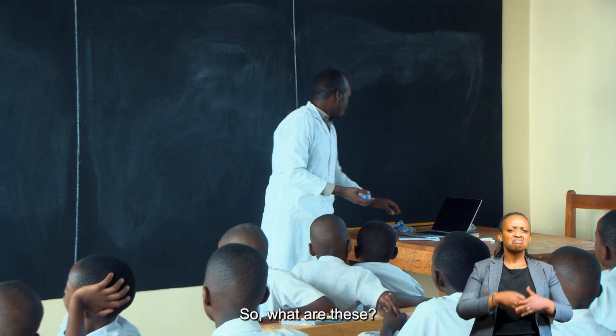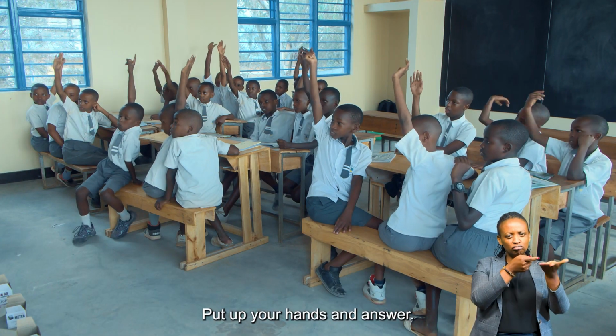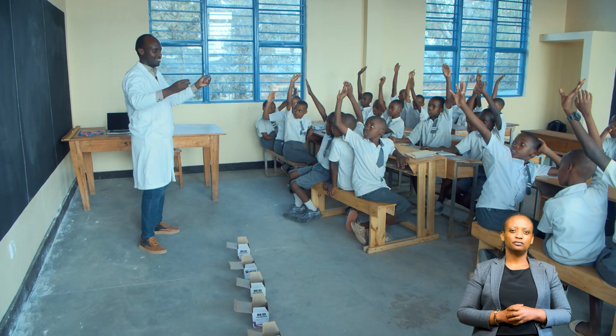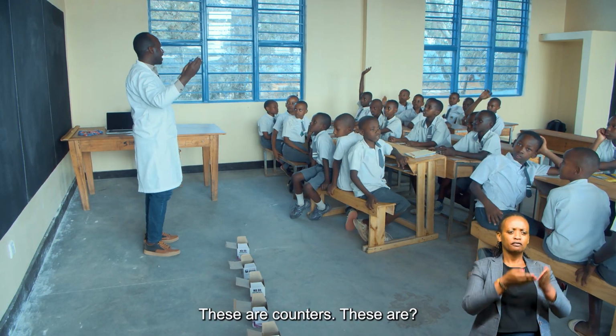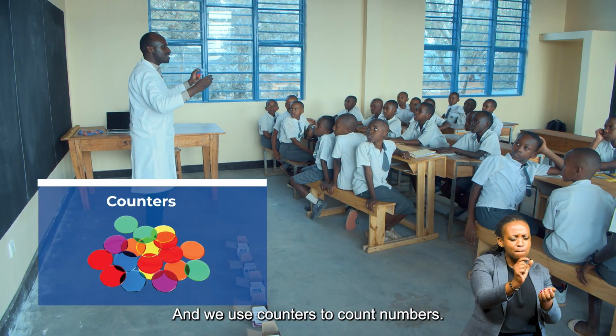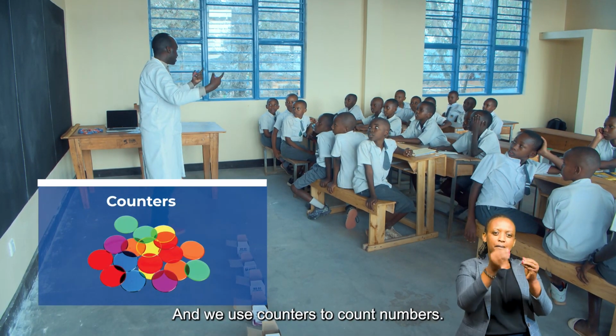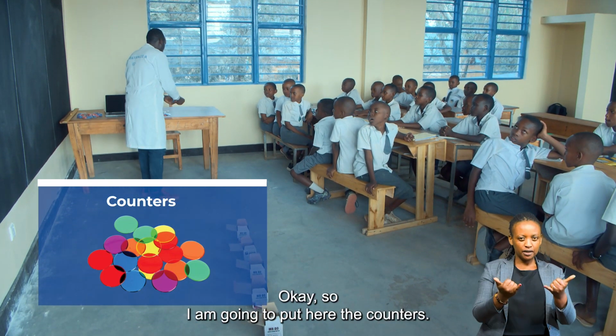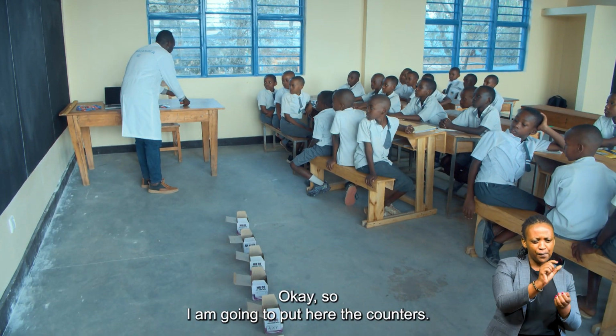So, what are these? Raise up your hands and you answer. Okay. Junior, these are counters. We use counters to count numbers. Okay. So, I'm going to put here the counters.